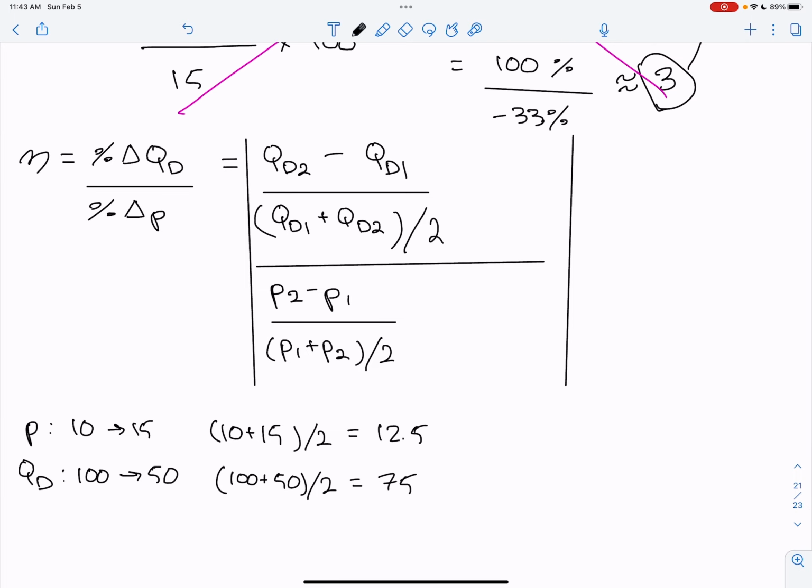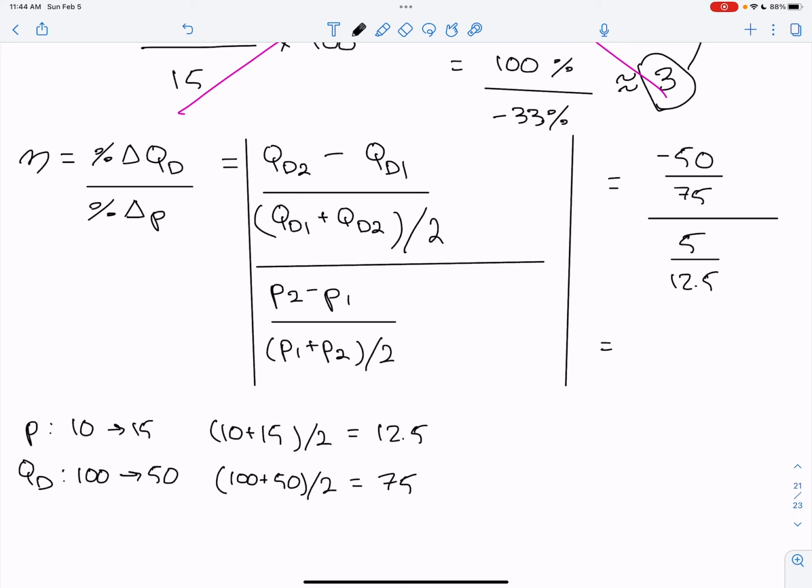Now, Q2 minus Q1. Okay, so QD2, sorry, minus QD1. QD2 would be 50, right? And QD1 would be 100. So 50 minus 100 is negative 50. The average of the two Q's is 75. And on the bottom, P2, which is 15, minus P1, which is 10, will give us 5. And the average of the two prices is 12.5.